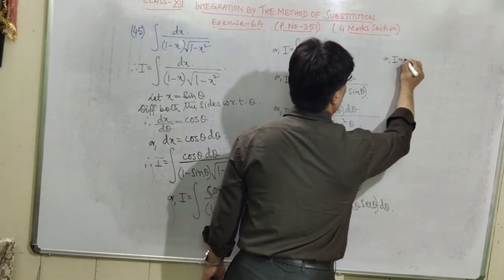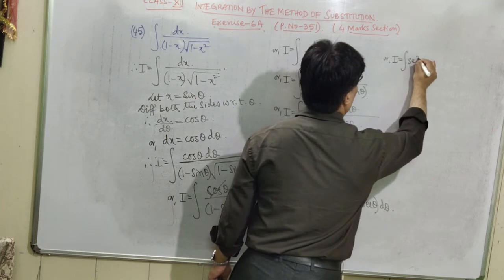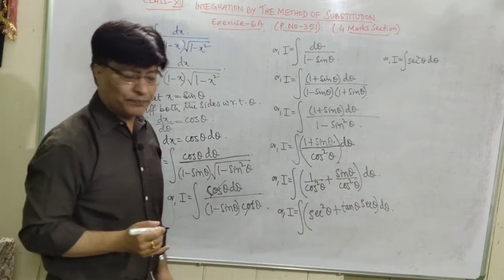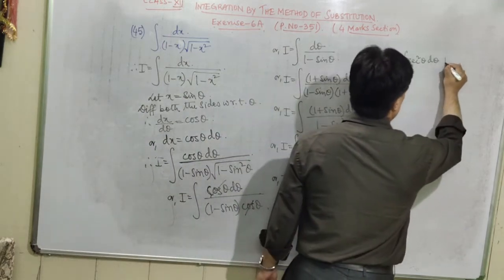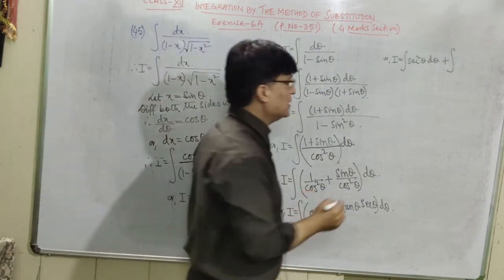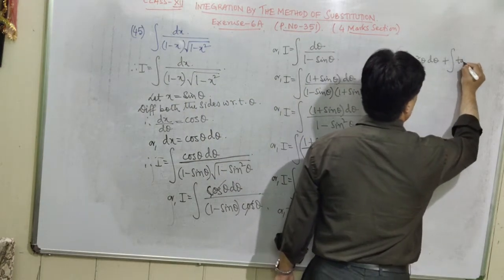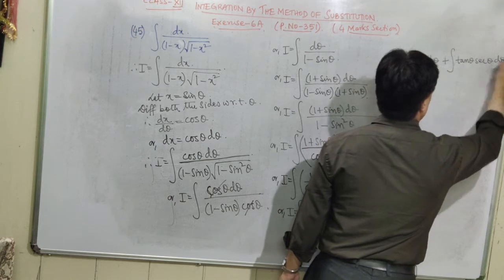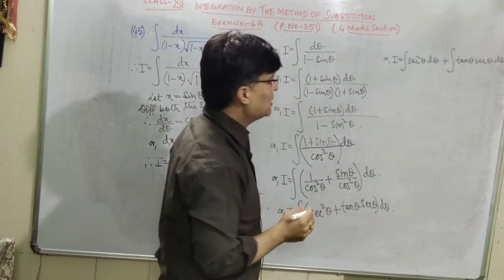I is equal to integration of sec square theta d theta, plus next integration of tan theta sec theta d theta, right?